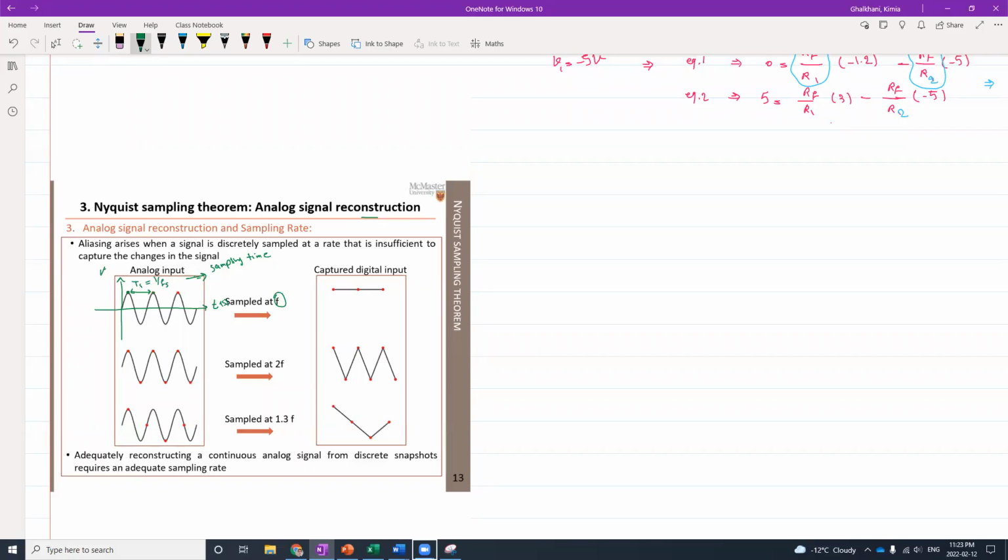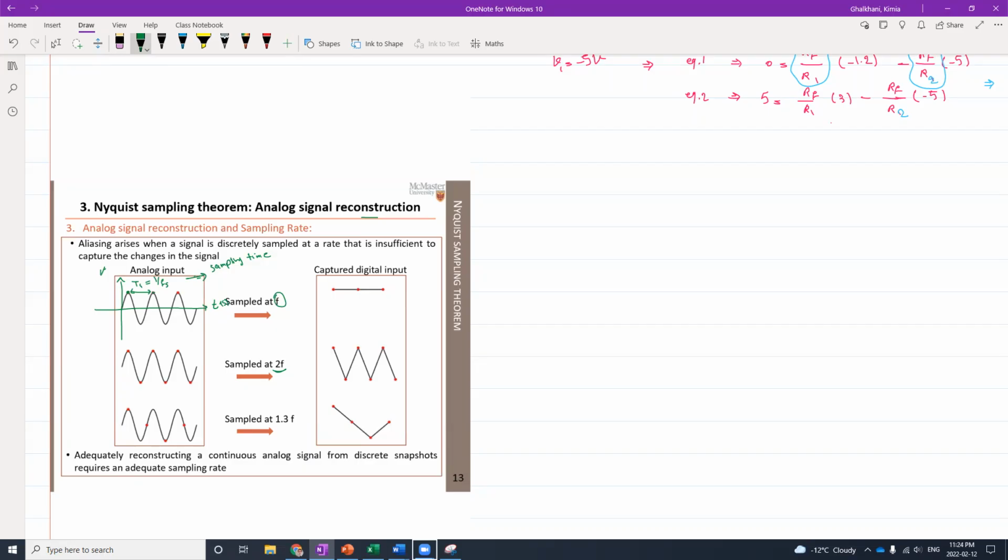Now, if a sinusoidal signal is sampled with a high sampling rate, which means a higher frequency, something like 2F or more, the original signal that you are seeing in here can be captured in a way that we can find out the trend of that signal, right?